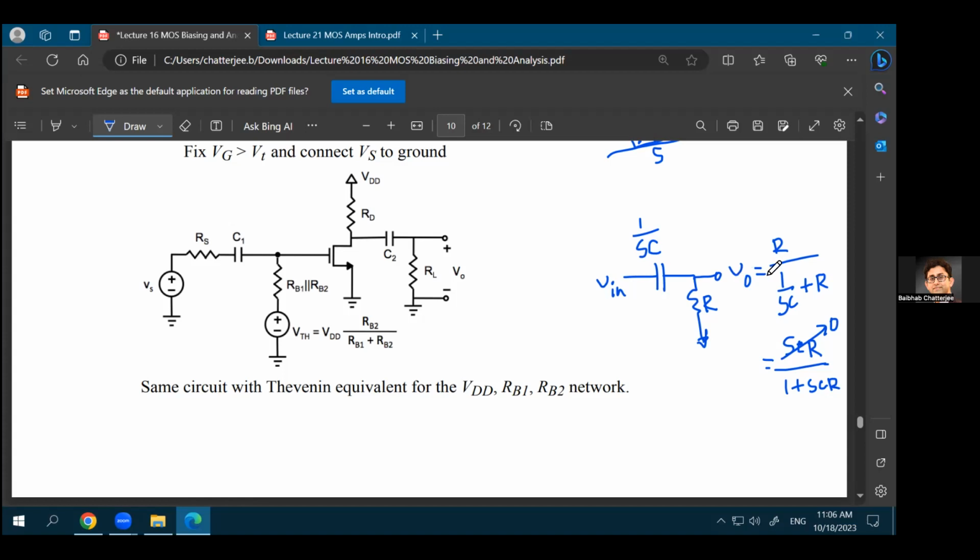The output voltage that you get at infinite frequency, omega is equal to infinite. So S equal to j omega equal to infinite. So 1 upon SC becomes 0. So this term becomes 0 at infinite frequency. So at infinite frequency, your output is R divided by R, which is equal to 1.